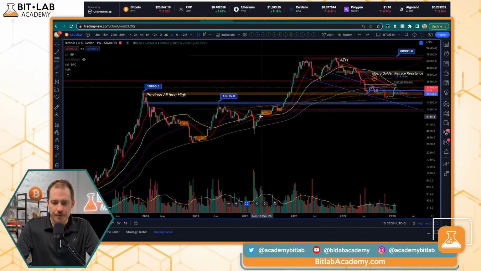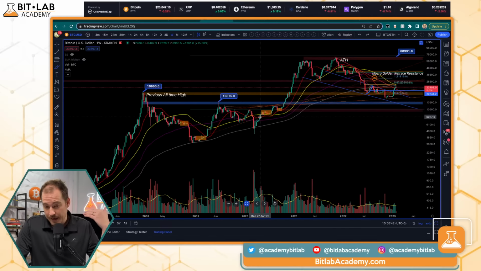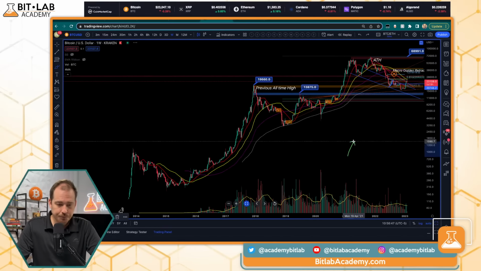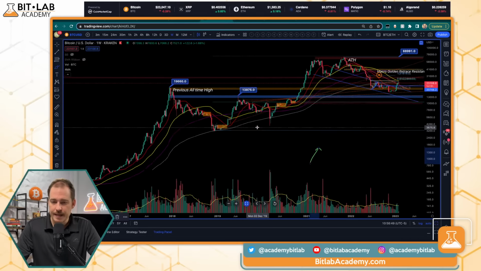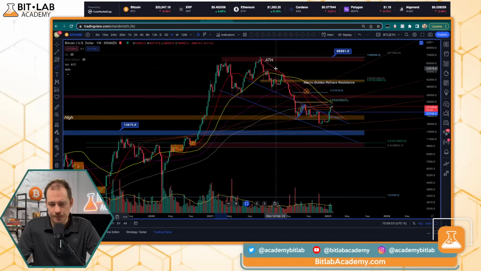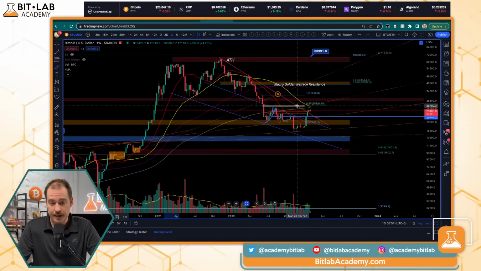But once we break above the 200-week moving average, it's very bullish. It's all bulls on, and we're going up. We can see that historically has been the case. Now, when we zoom out, we have broken out of this massive downtrend resistance.